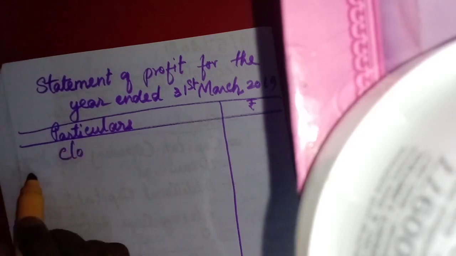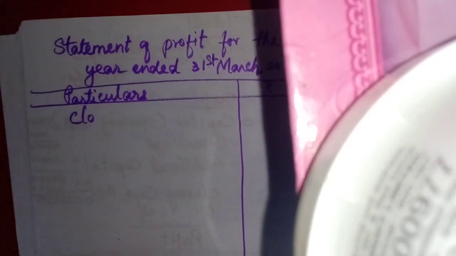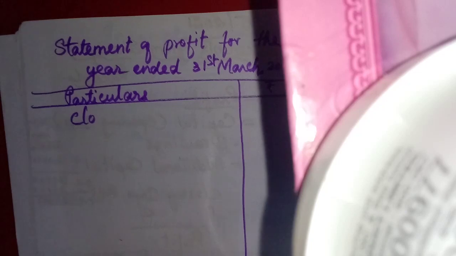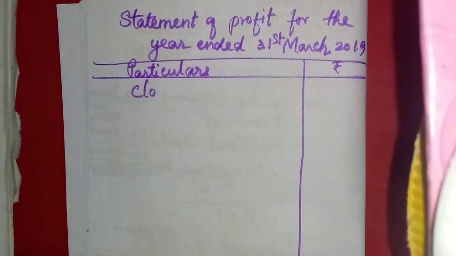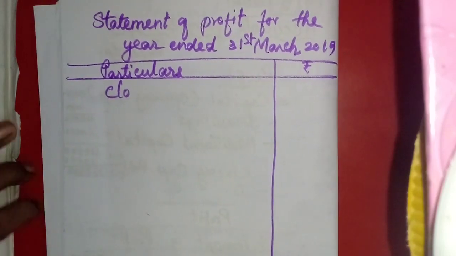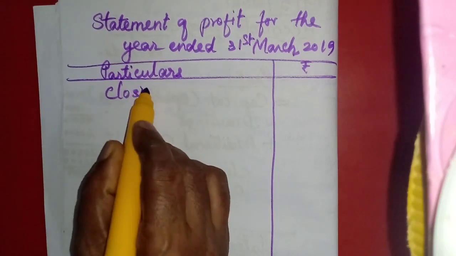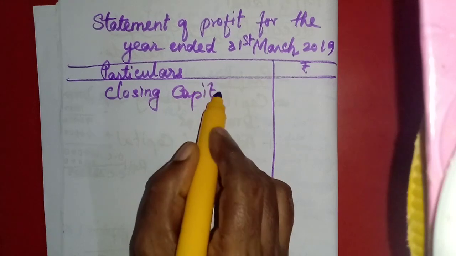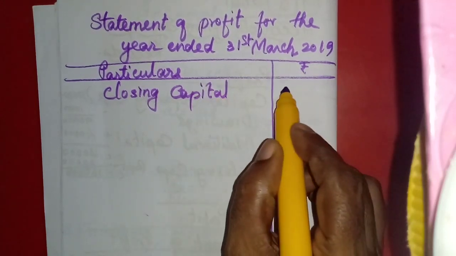So first one, closing capital. Leave a little space for writing plus or minus, that add this. Now it is visible, isn't it? Closing capital. What is the closing capital? 8,50,000.